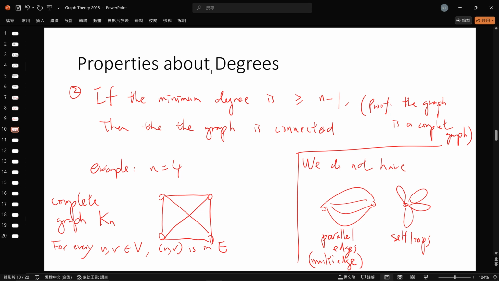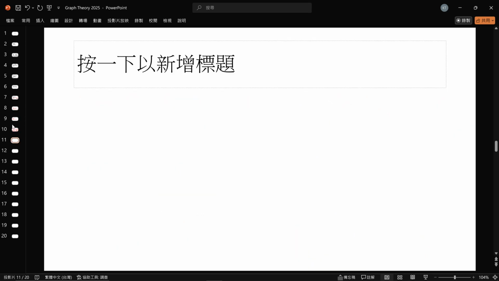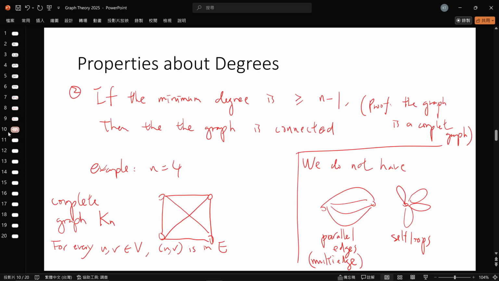So we want to have a smaller minimum degree, so not everyone is connected to all the other vertices. Perhaps you have some pair of vertices that are not adjacent. So the value here is n minus 1, and we're going to consider half of it. So we're going to consider n minus 1 divided by 2.